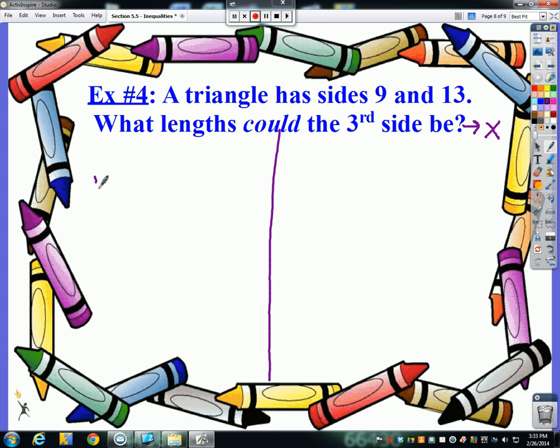Well, let's talk about the two smallest sides. We don't know how big x is, so we don't know if it's one of the two smallest sides, or what if it's the largest side. There's where our two scenarios are going to come into play. So let me just copy this real quick.